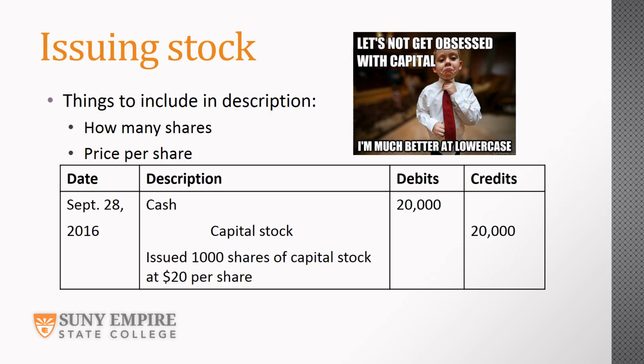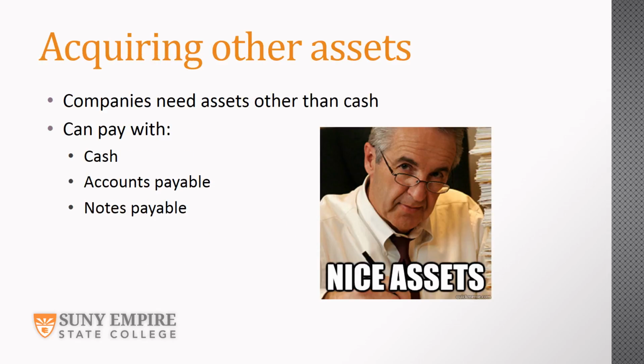The credited account is capital stock, with a matching entry of $20,000. The description shows that $20,000 amount comes from the sale of 1,000 shares of stock at $20 per share. Of course, companies need assets other than cash.